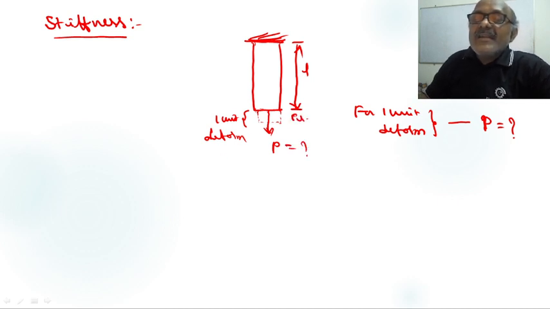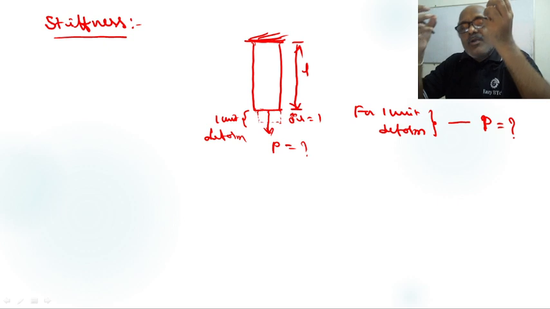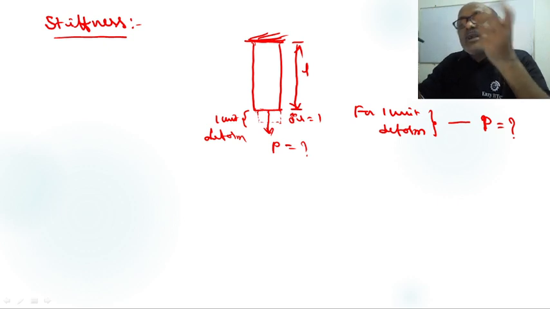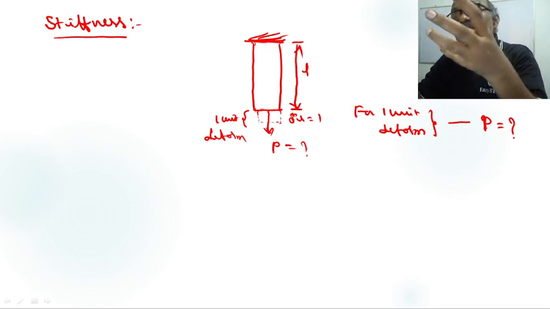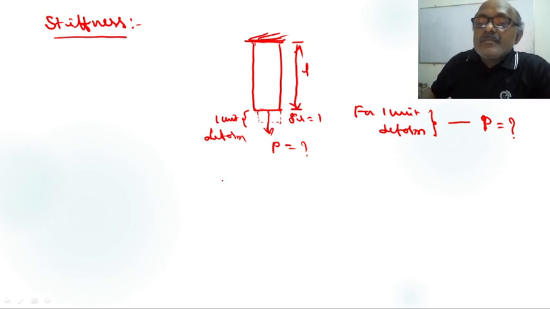Suppose this is delta L. For making delta L 1 unit, 1 unit is nothing but either 1 meter or 1 centimeter or 1 mm, whatever it may be. For making 1 unit deformation, how much load is required? That is called stiffness. Yes or no, my dear students?